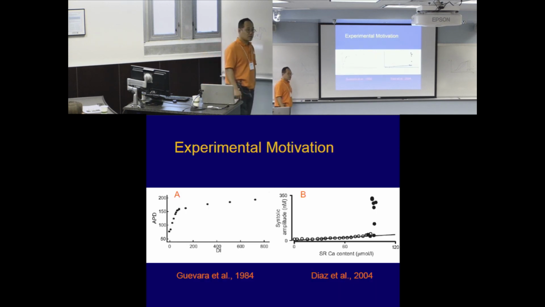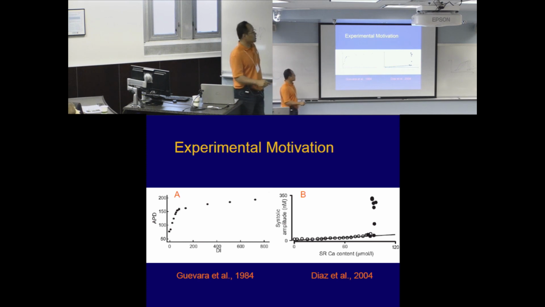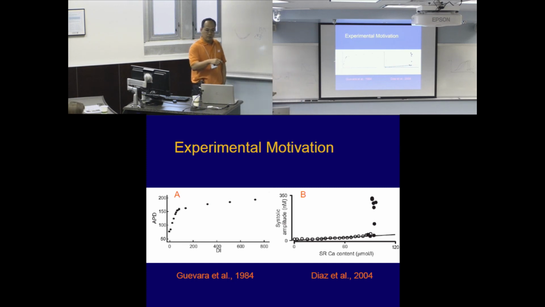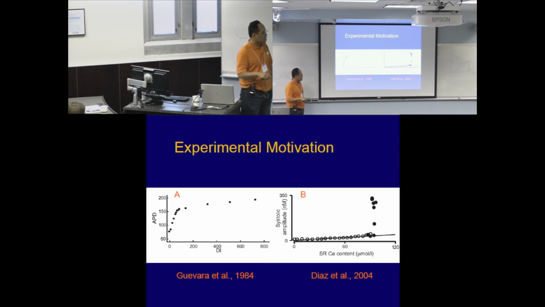Now, some experimental motivation to study non-smooth bifurcation. I think this was probably the same set of data Flavio included in his talk, from Gilbert et al. in 1984, and also more recent data from Diaz et al.